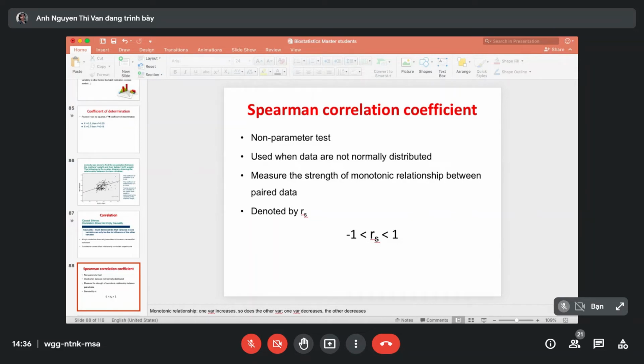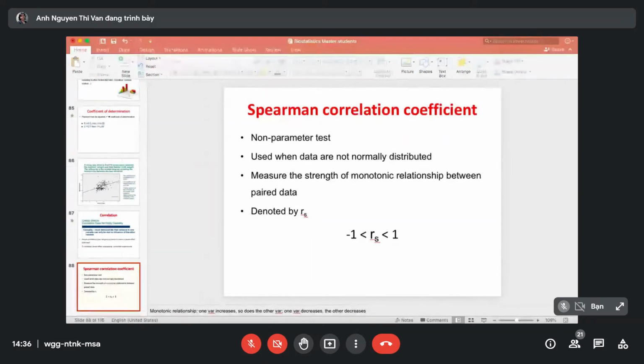Yes, the Pearson correlation test tells you the linear correlation between the dependent and independent variable. And the Spearman correlation tells you the monotonic relationship, so remember the term. Pearson is linear relationship. Spearman tells you the monotonic relationship.